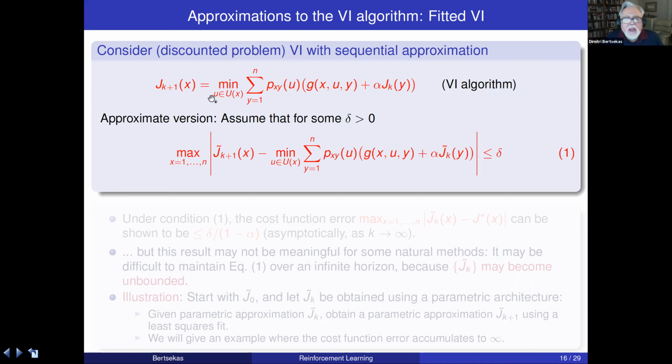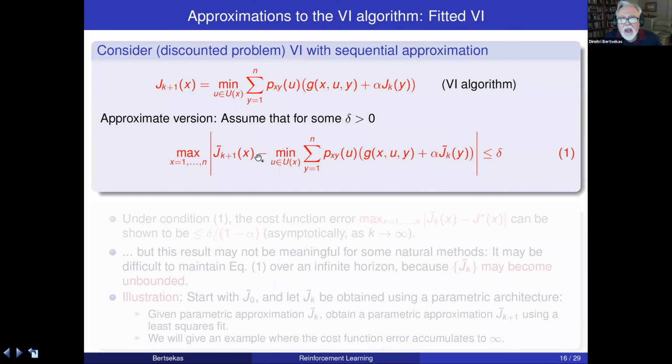Now, how can we do approximations of this algorithm? Well, what we can do is do this minimization approximately and then call the result the new iterate. So we start from J tilde 0, then generate J1 tilde by minimizing here within some delta, okay?